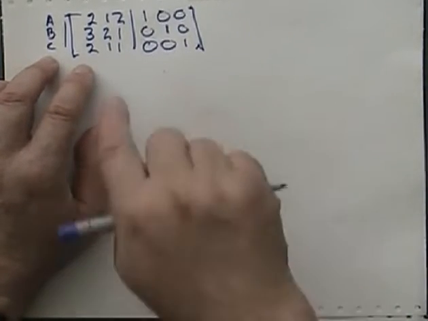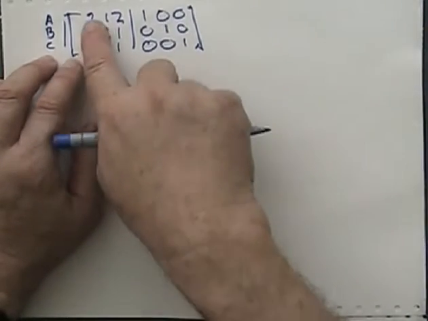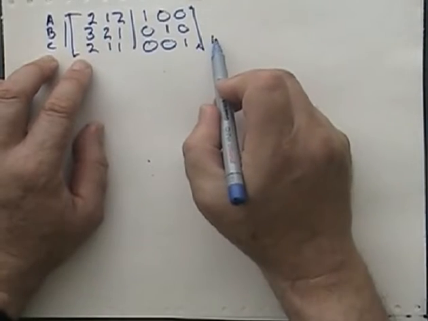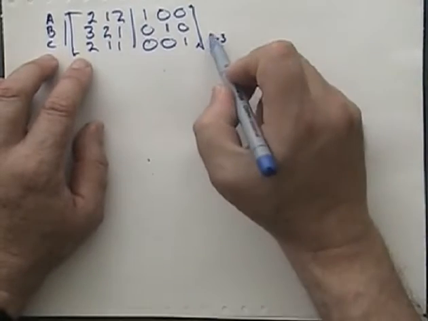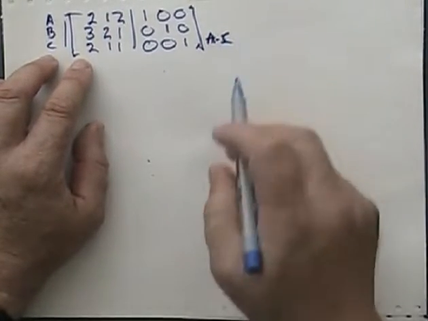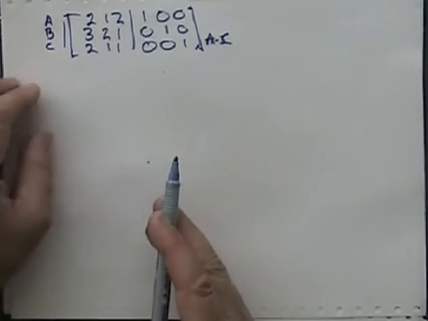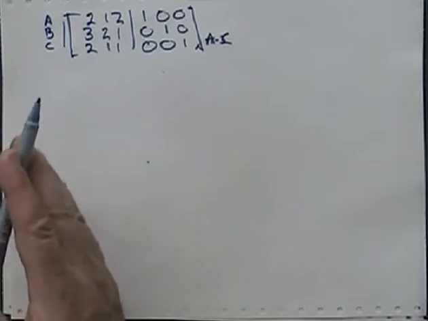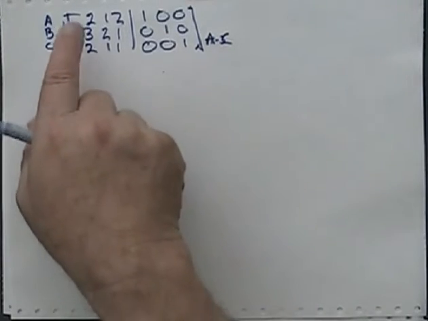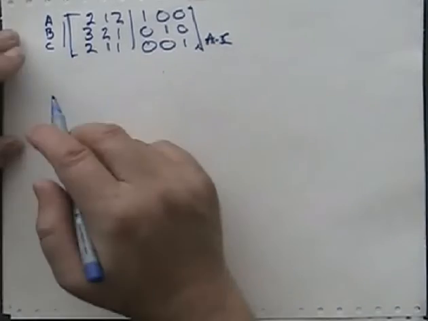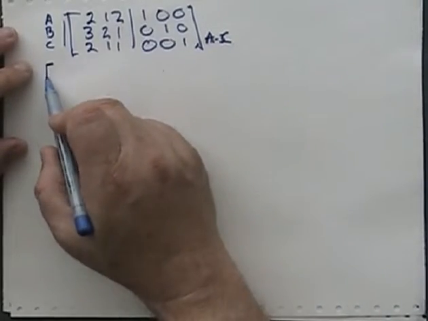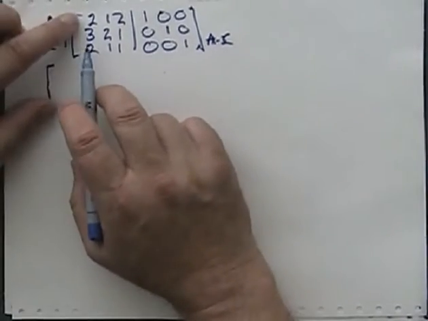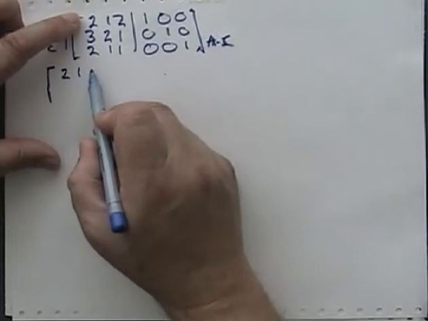But what I'm going to do is in this row here, I'm going to go first row minus A minus C. And as I was saying before, it doesn't really matter if you want to do it the other way. This row can be C minus A, but mathematically it will come out the same. So I'm not touching the first row, 2, 1.